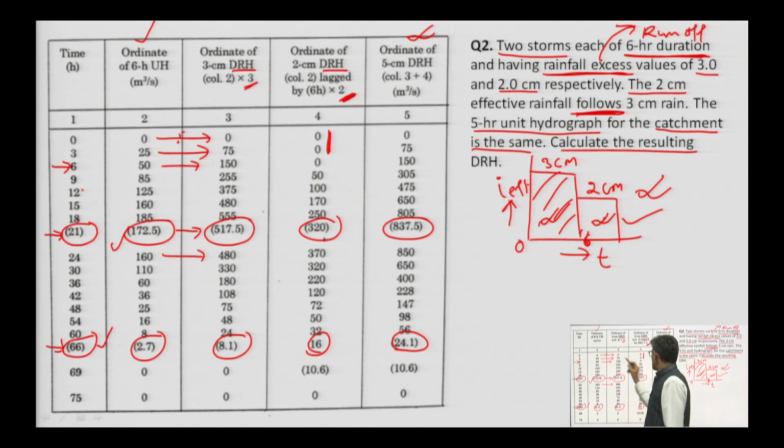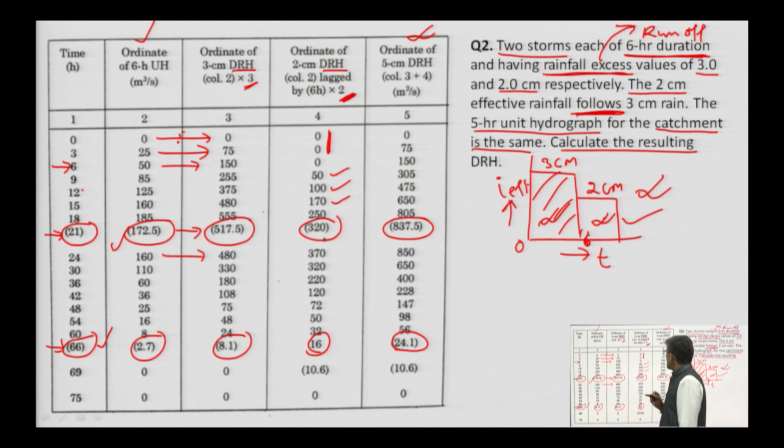So, 0, 0; 25 multiplied by 2, 50; 50 multiplied by 2, 100; 125 multiplied by 2, 250, and so on, right.